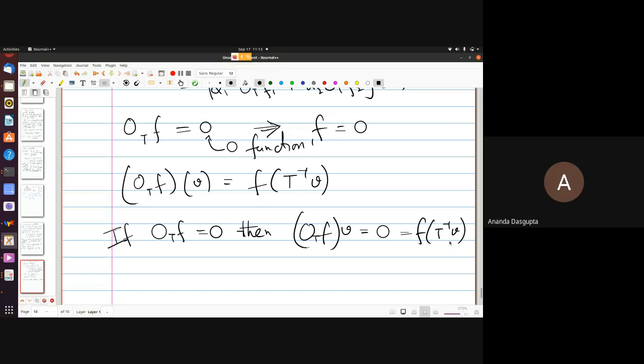Is it okay? But f acting on T inverse v is 0 for all v actually means f is 0 on all vectors, right? Can you see why?